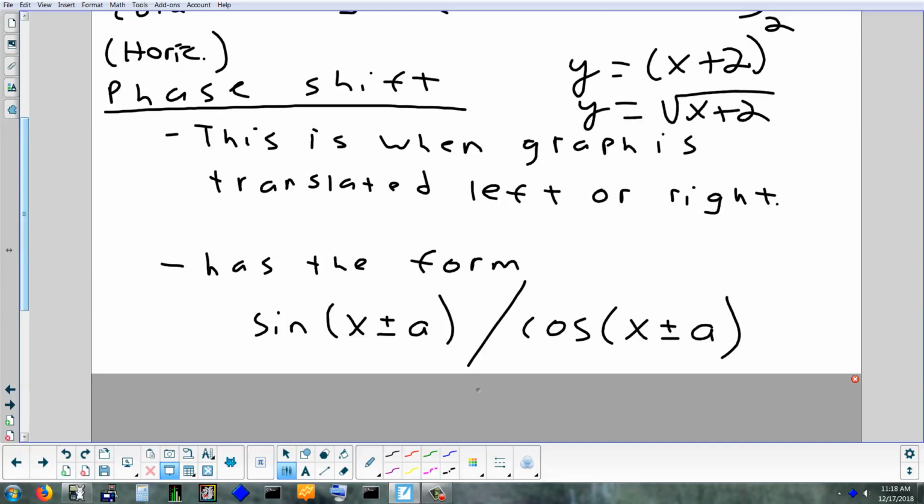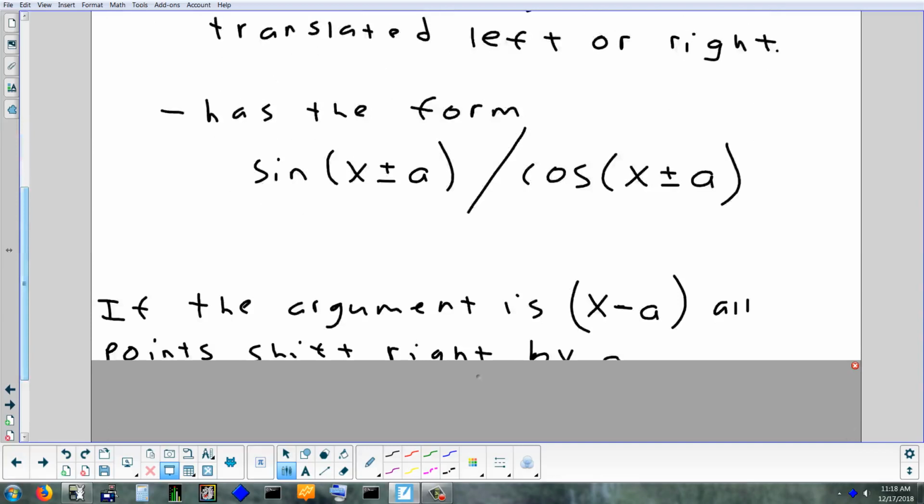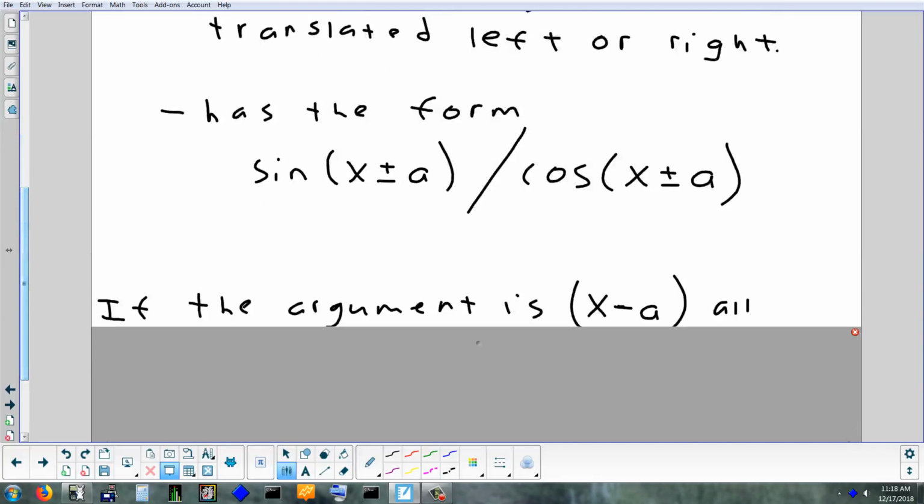If you add or subtract inside the parentheses, that's a horizontal shift. We just have to remember which type of number shifts it which way. Minus moves it one way, plus moves it the other. And when it's inside the parentheses, it's always the opposite of what you would think.